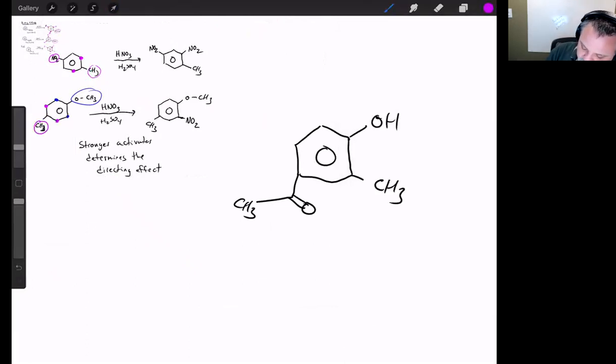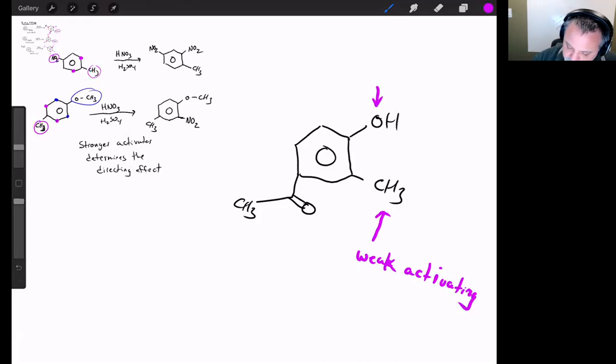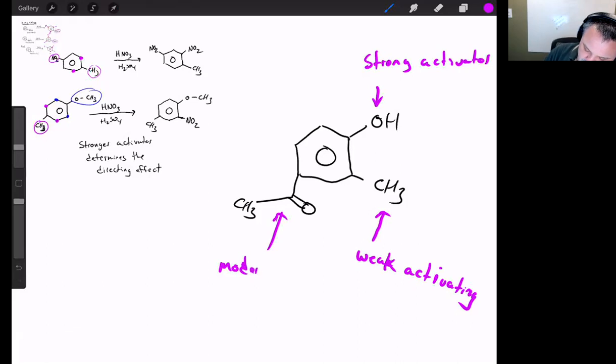Well, the CH3 is weakly activating. The OH group is a strong activator. And this is a moderate deactivator.